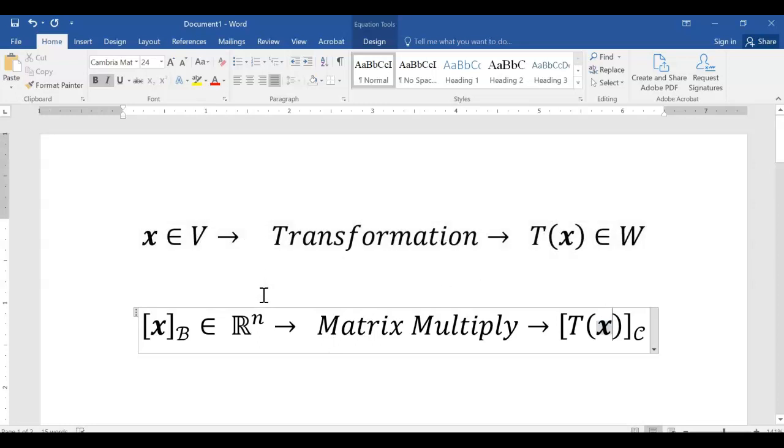So a lot of times this saves us a lot of calculations going this way if we know that our matrix is diagonal. Okay? Hopefully that makes sense to you.